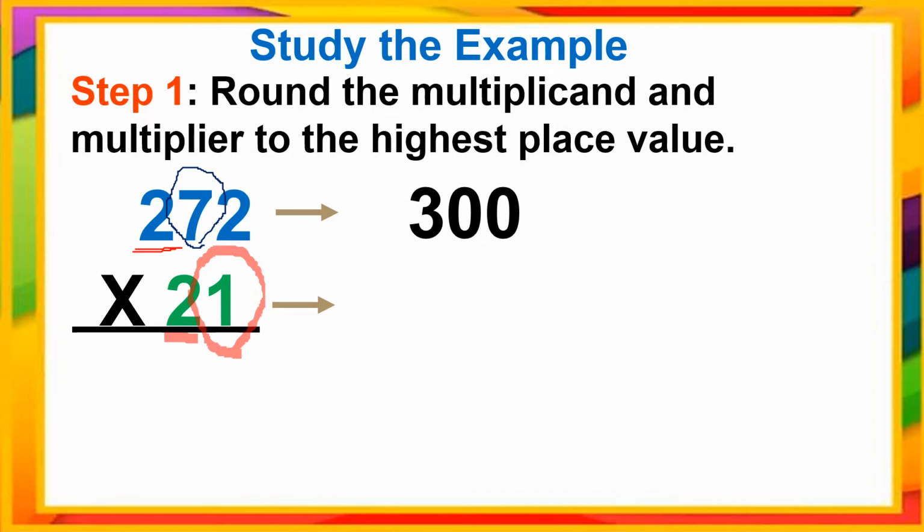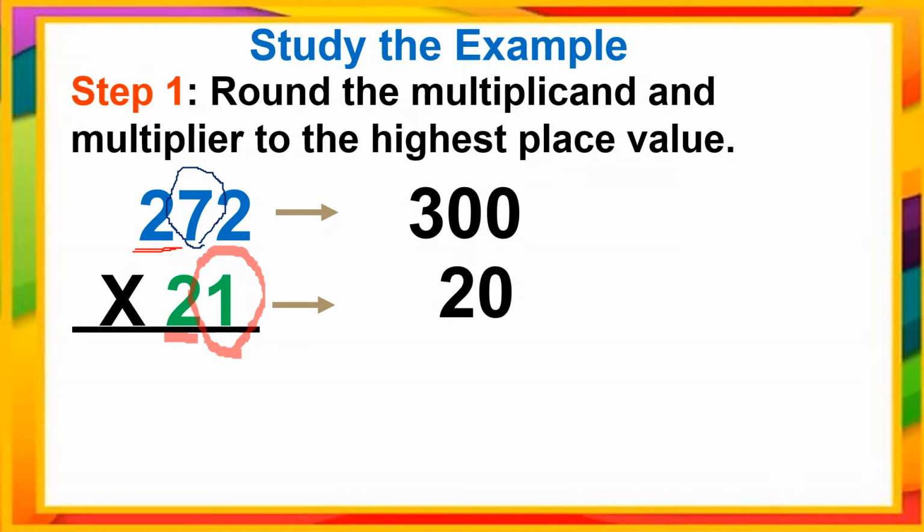So since 1 is the number at the right of 2, are we going to round up or round down? Very good, we're going to round down. Always remember that if the number at the right of the number to be rounded is 0, 1, 2, 3, or 4, you round down. So 21 rounded to the nearest tens becomes 20.